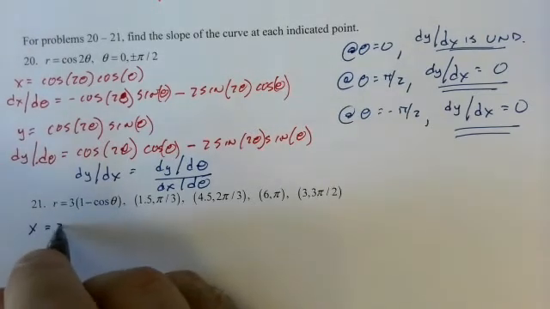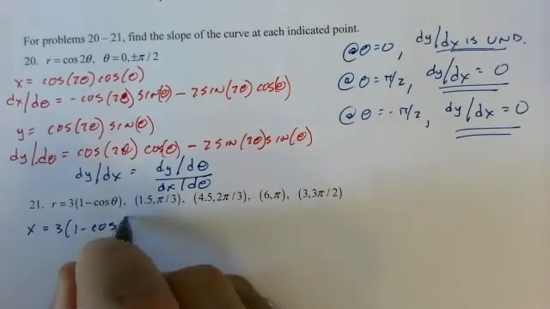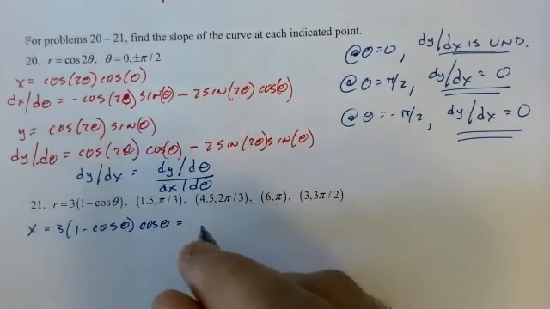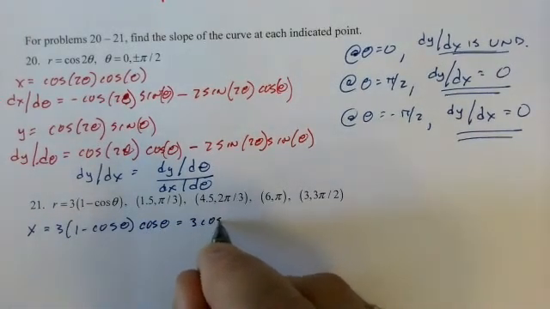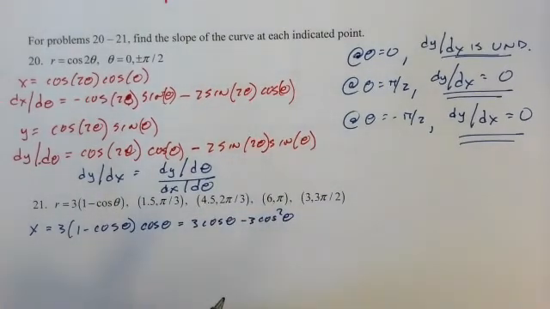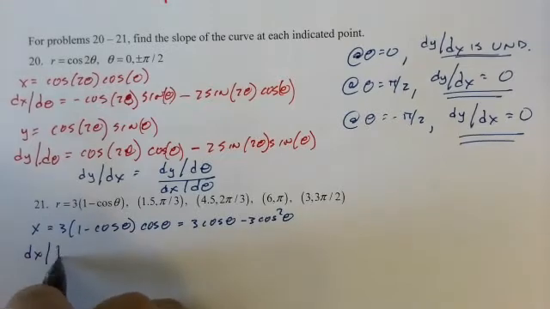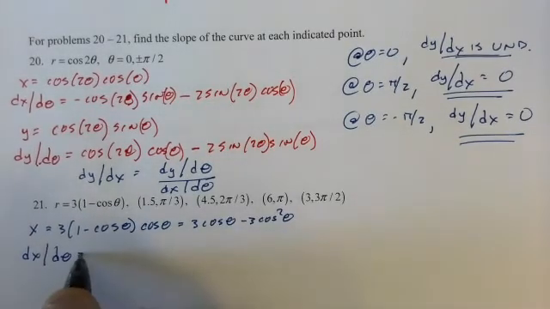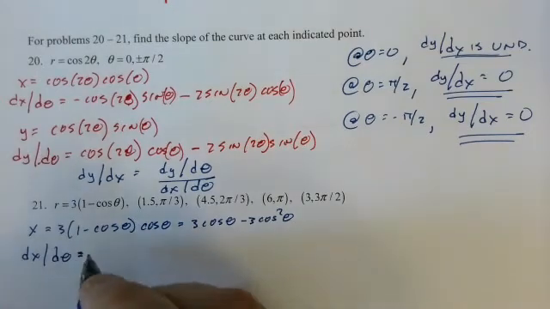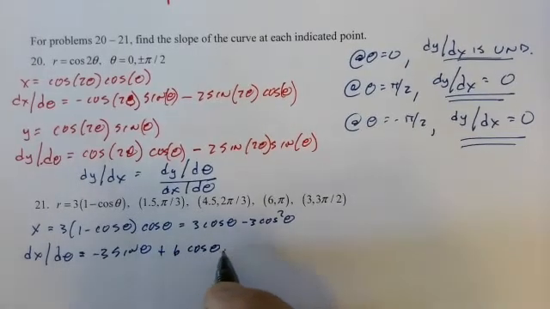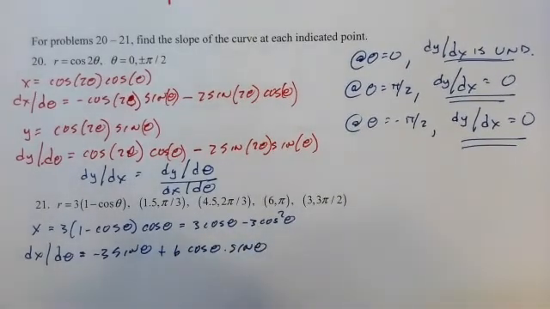x equals 3 times 1 minus cosine of theta, times cosine of theta, which is 3 cosine of theta minus 3 cosine squared theta. dx d theta equals negative 3 sine of theta plus 6 cosine of theta sine of theta.